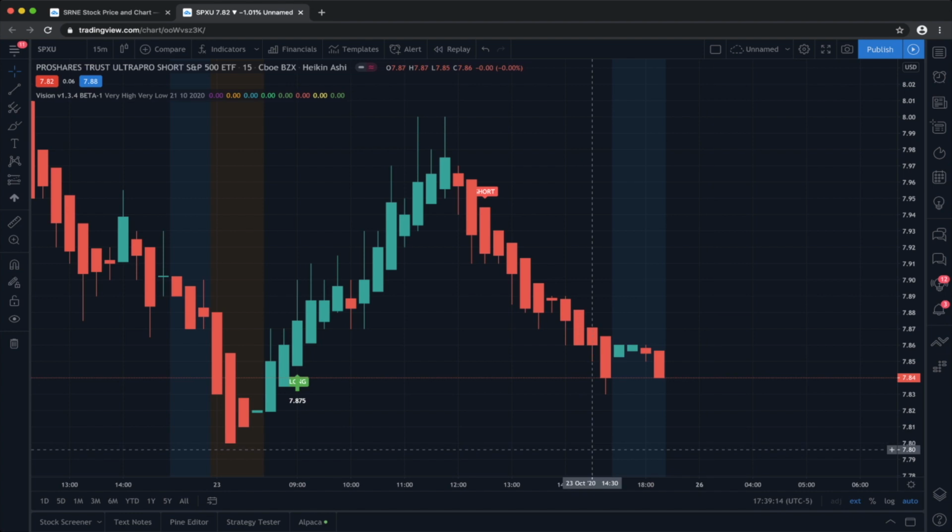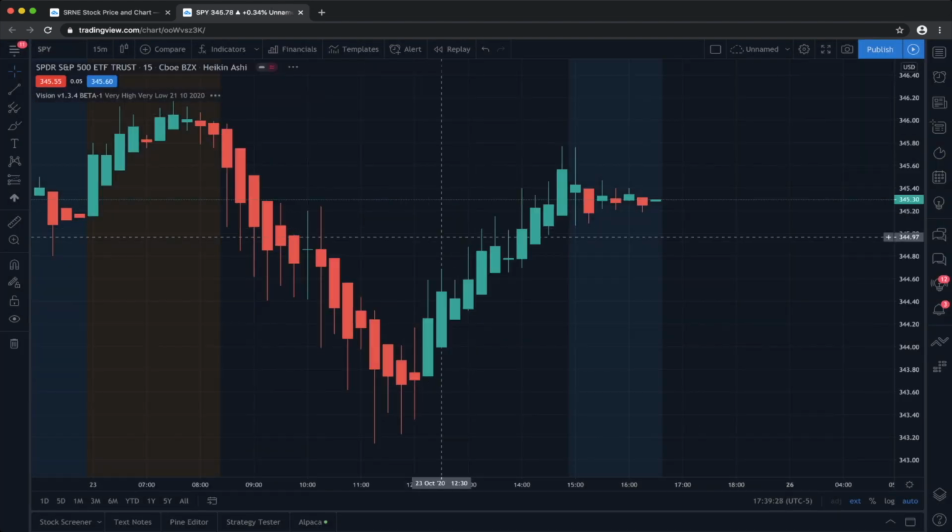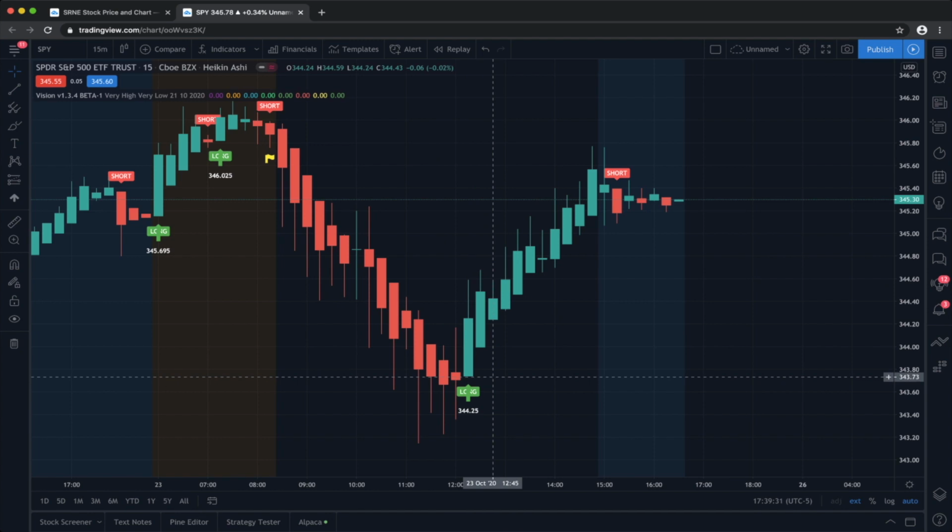Right here, you can see on this move, it was at like 782 when it started to reverse, and at the top it only hit $8, so it barely moved 18 cents. And on the SPY, you see that same move. It started to reverse at 343 and ended up almost 346. So it's almost a $3 move. I see now. Okay. Thanks.